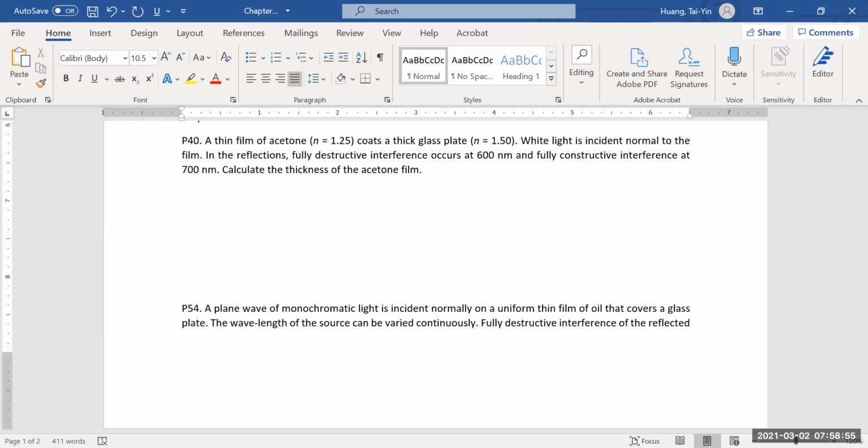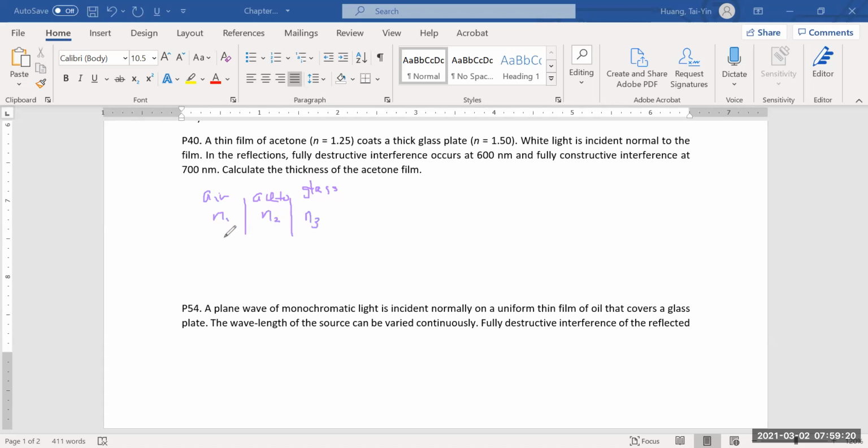So again, you have the 3 layers. You have the glass, which is the last one, and acetone is in the middle. And here is the air. So you have N1, N2, and N3.